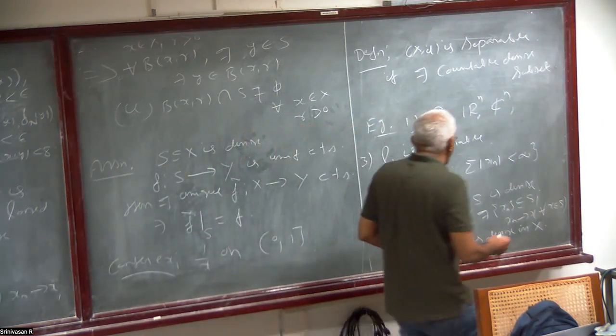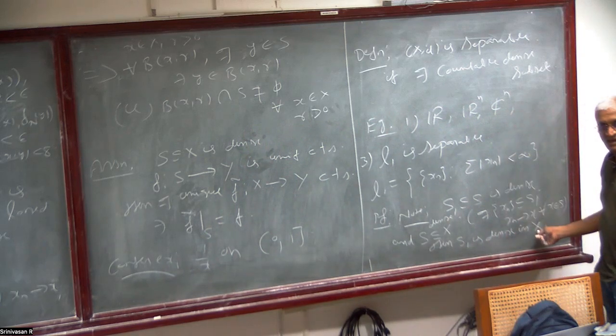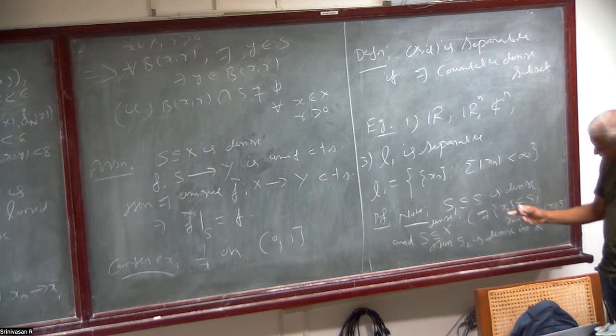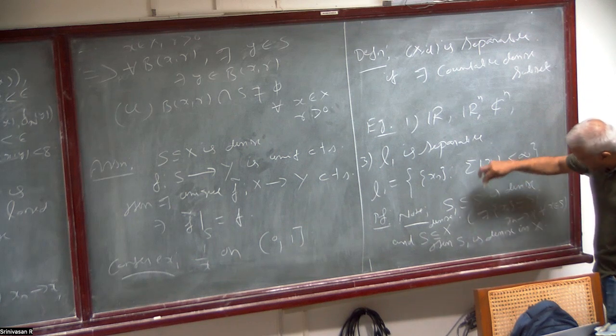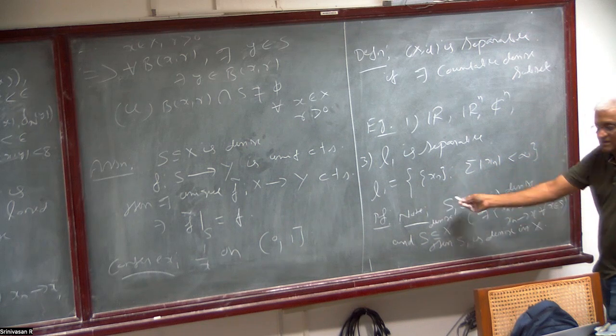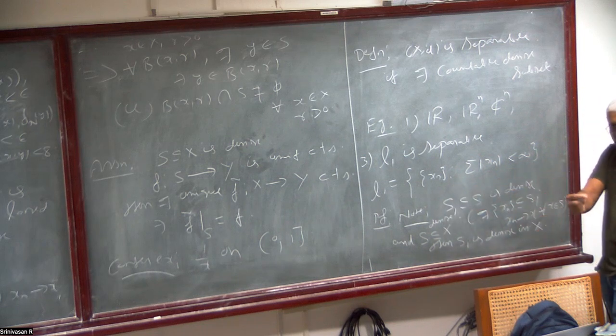For example, if you take any open ball in X, that will intersect with S1, and then any element in that open ball will intersect with S. So you can prove that the original thing will intersect. A little bit of work. So you can verify. This is an exercise.